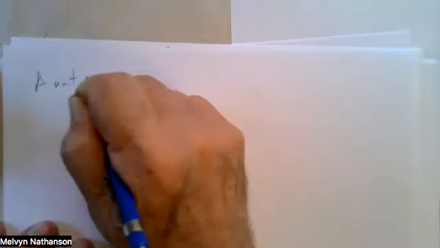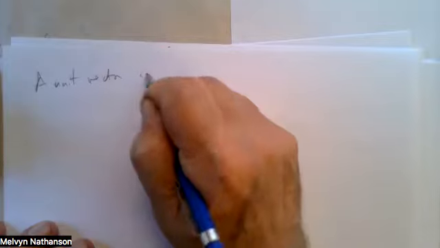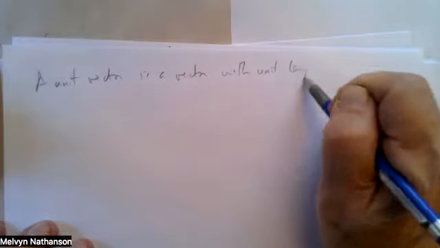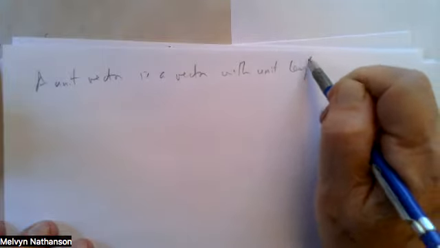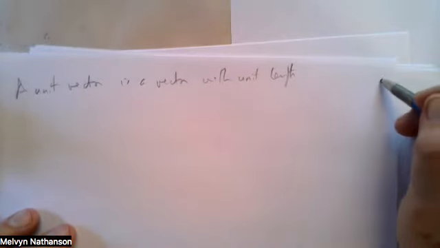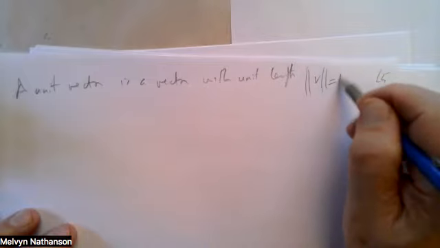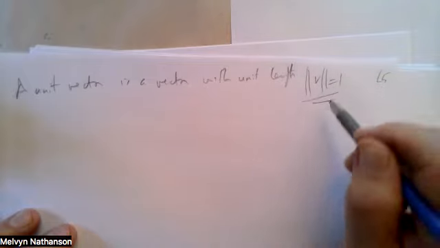Then we say a unit vector is simply a vector with unit length. That is, the vector is v, the length of the vector is 1. That's a unit vector.